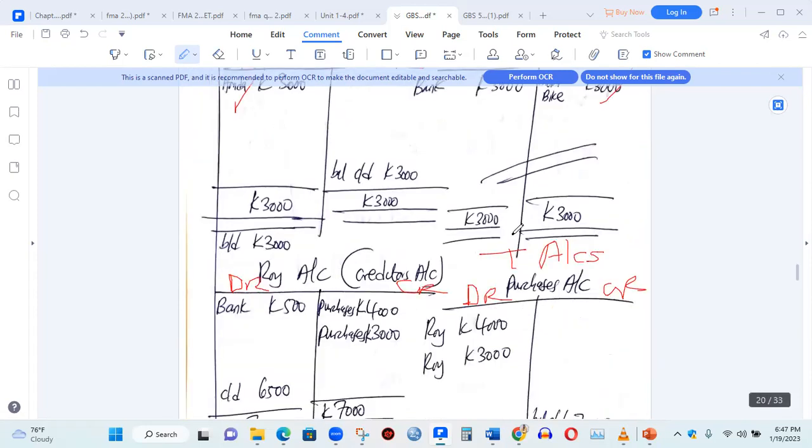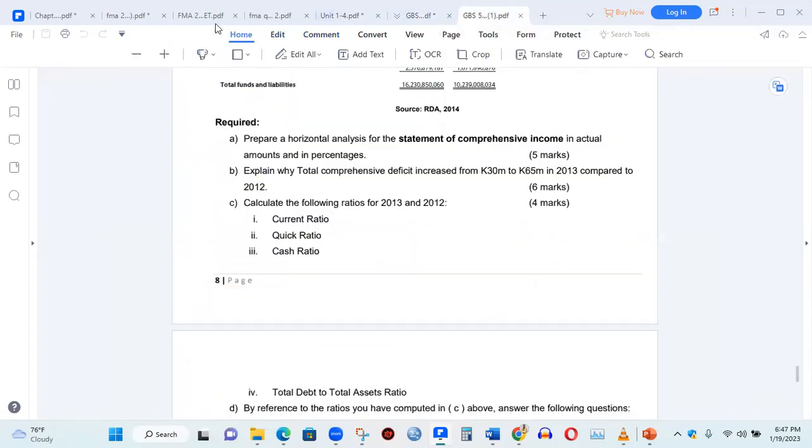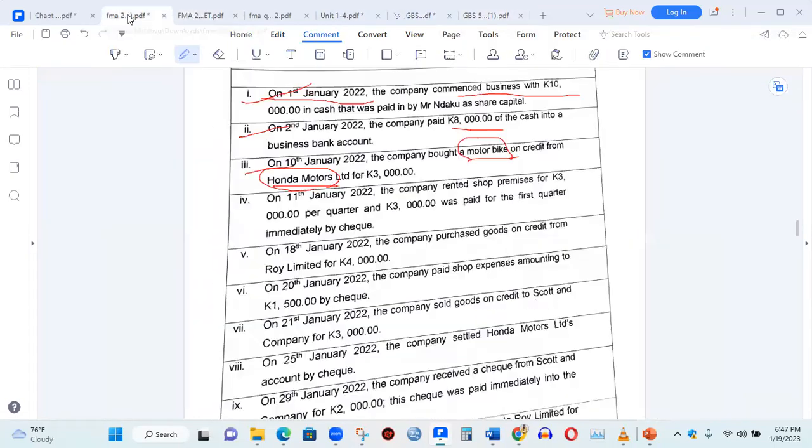Then also getting down to the Roy Limited. On the Roy Limited, you need to understand what transaction was there. Okay, so this one is gone. So here on the Roy Limited, they are saying the company purchased goods on credit from Roy. These are goods that they purchased from the Roy company, which was about 4,000 kwacha.